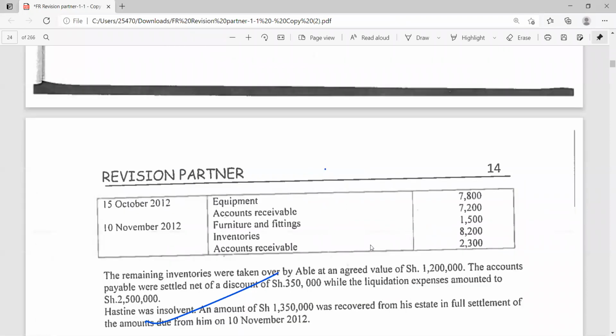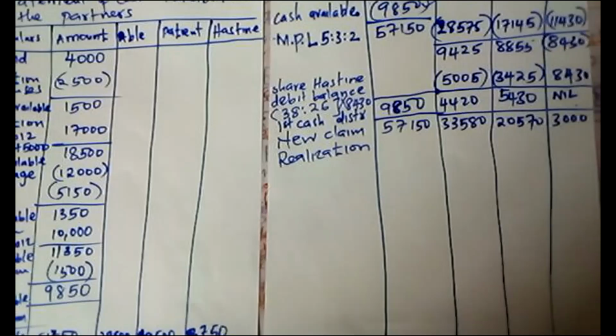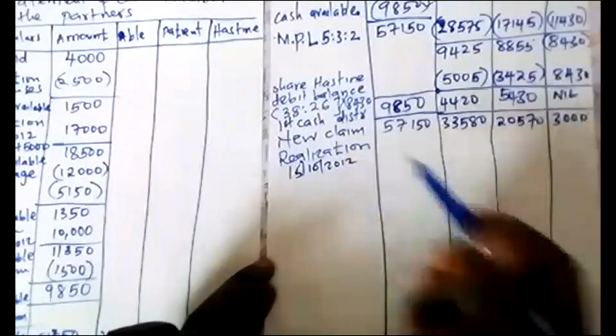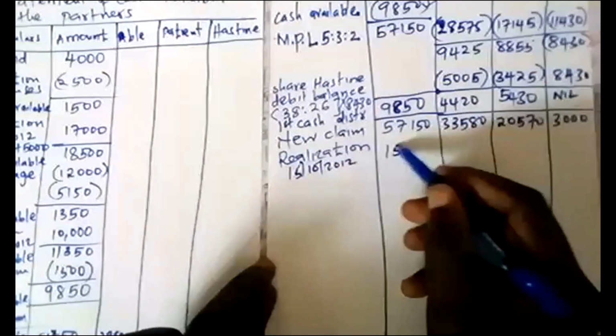On 15 October, it was 7,800 plus 7,200, so the total is 15,000.